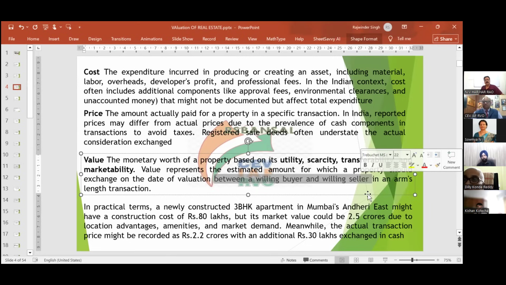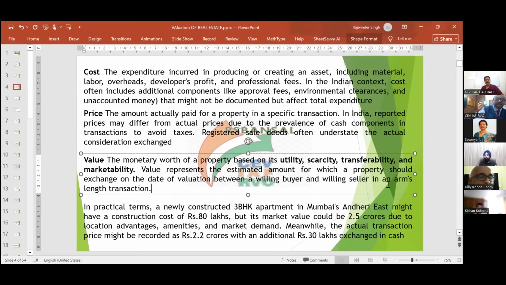Both are willing to transact in an arm's length transaction, means they should not have any close relation between them. It should not be that a father is selling his house to his son, a brother is selling his house to his brother, because in that case the value may be different.